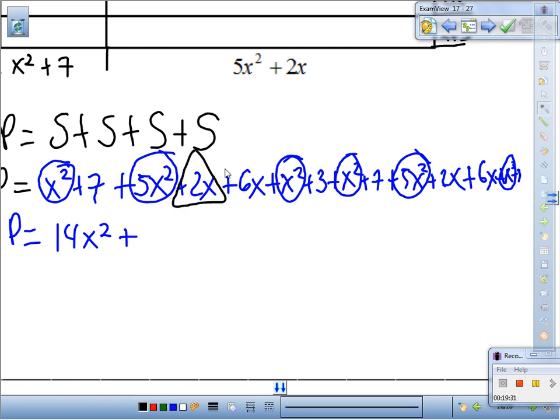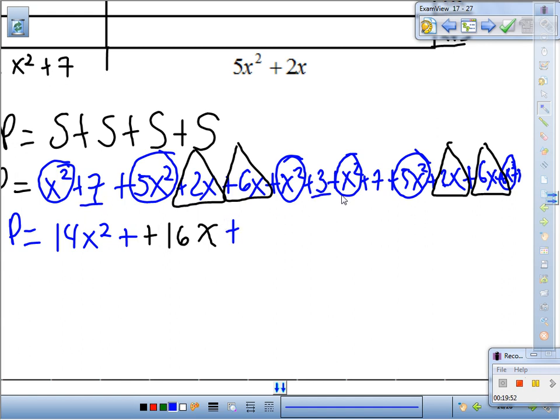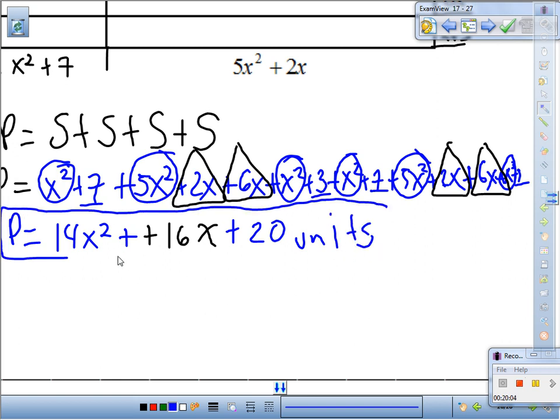We got 2 here, plus 6, plus 2, plus 6. That's plus 16x. And lastly, we add the constants. What is 7 plus 3? Plus 7 plus 3, and this is in units. This is our perimeter.